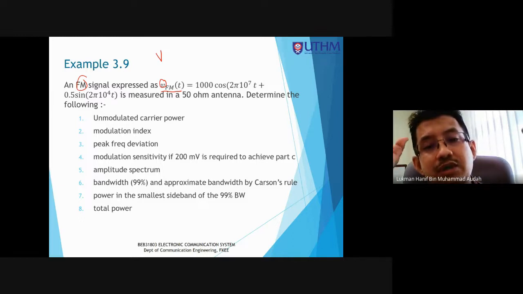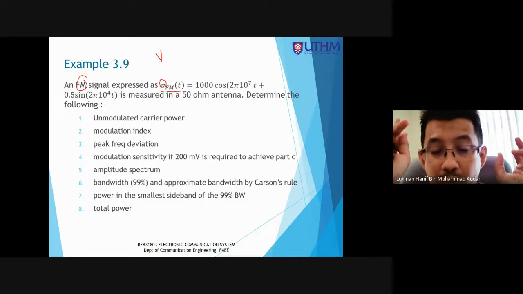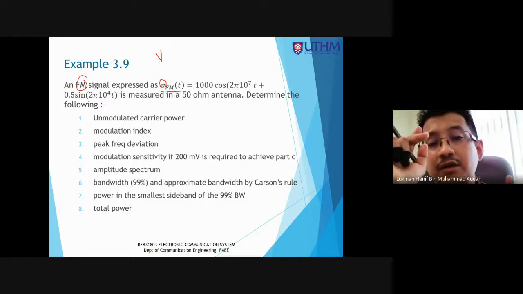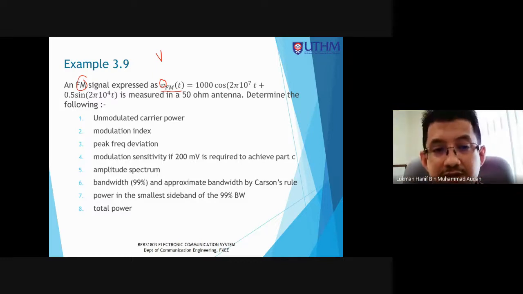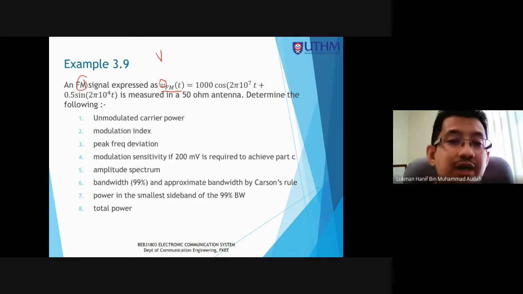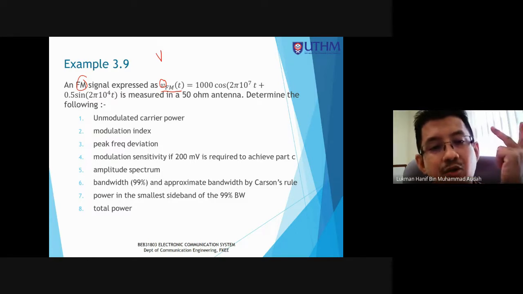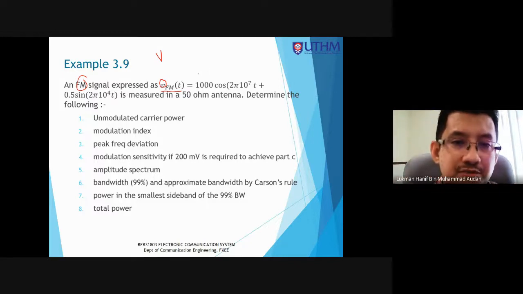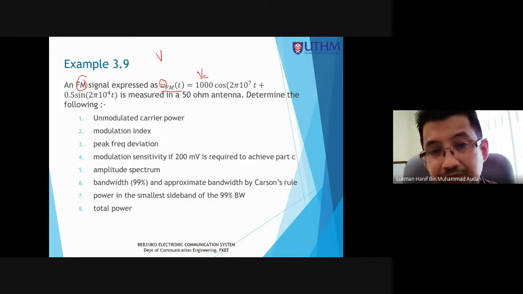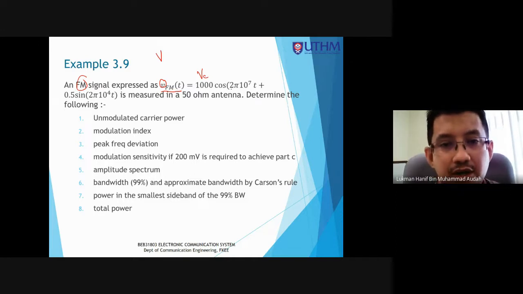Again, you need to understand the structure of the FM equation. Because I understand this, straight away I can determine how much VC, how much FC, how much beta, how much FM, the modulating signal. Okay, straightforward. You see from here, this is VC. What about here? I can determine the carrier frequency from here.